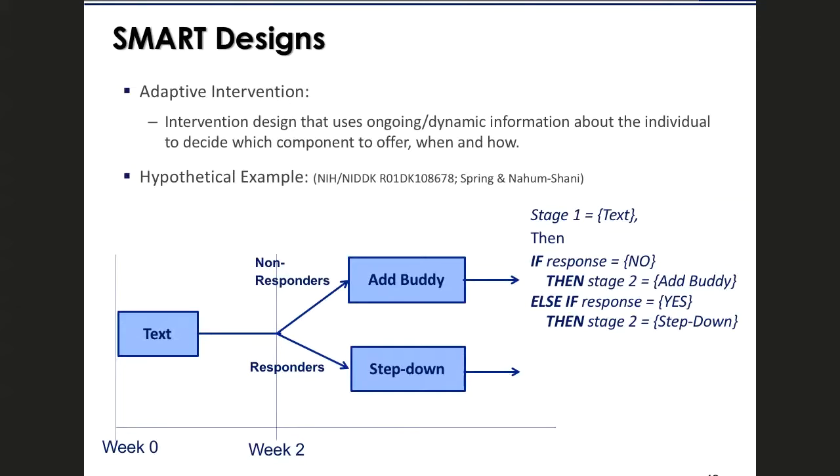Right? This is why I keep going back to always start with the scientific question. My scientific questions concern the efficacy of individual components. I wanted to screen out the components because I didn't know whether a package would be better than control. I'm before that step of comparing the package to control.